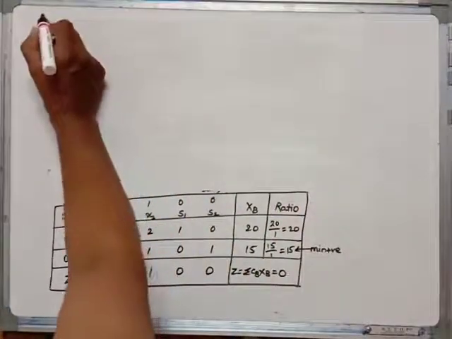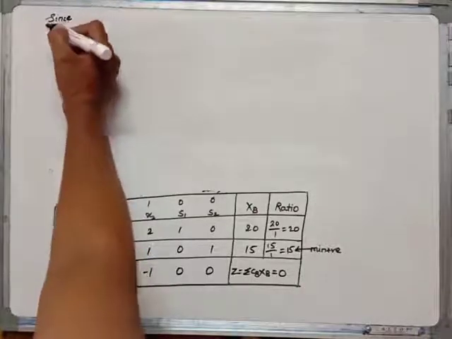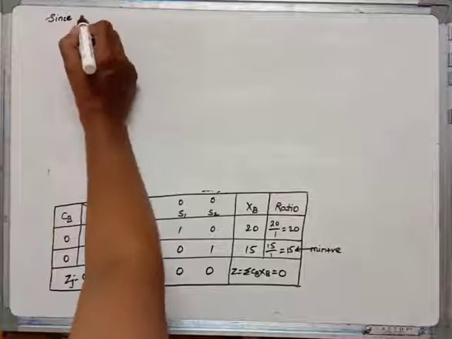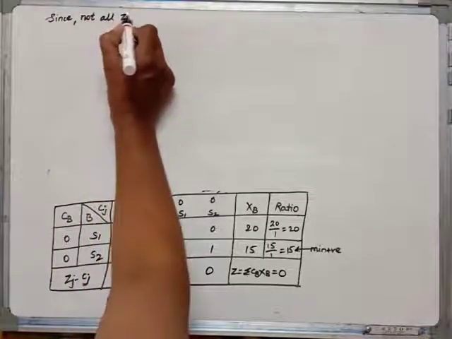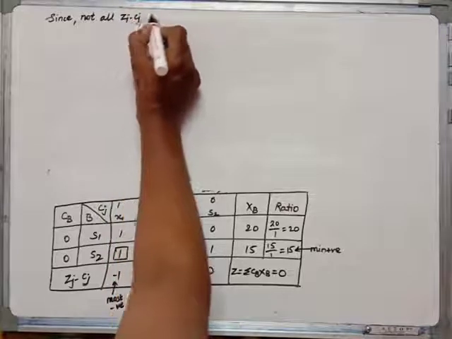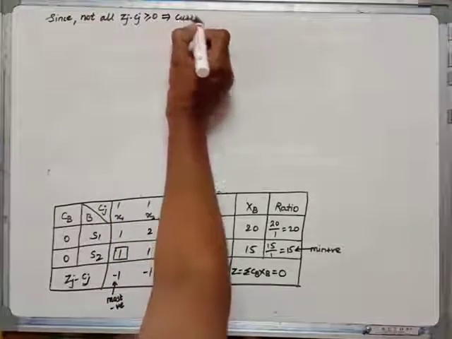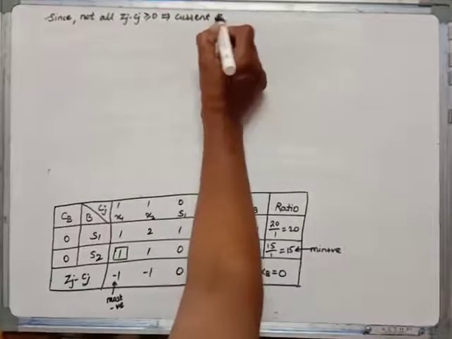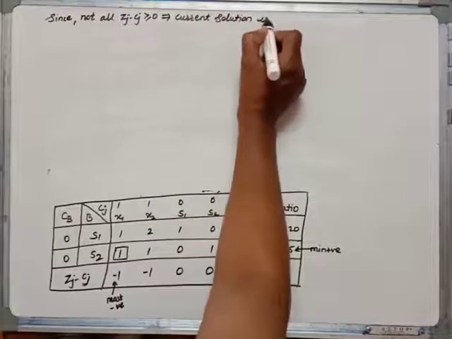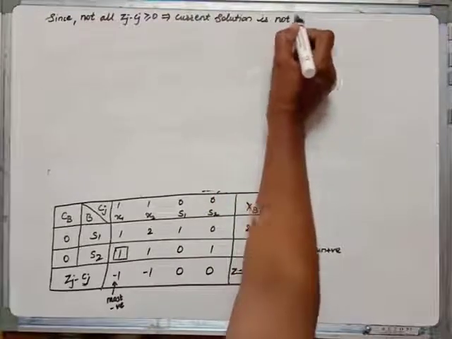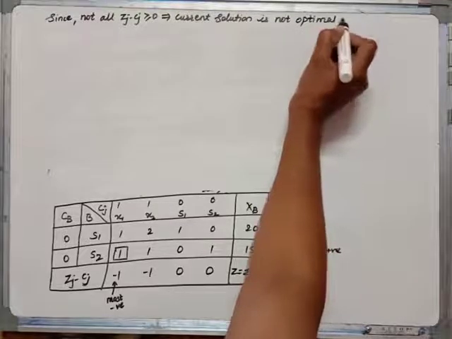So here, since not all Zj minus Cj are greater equal 0, it implies the current solution is not optimal.